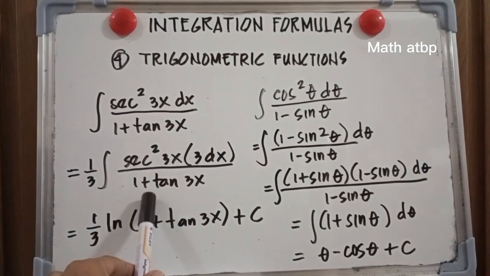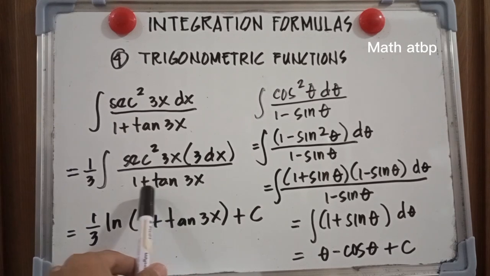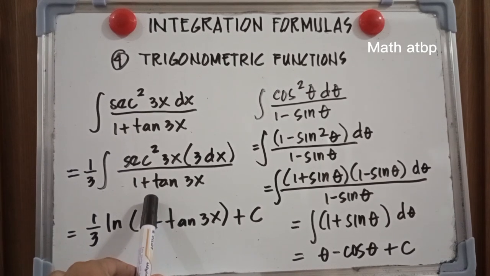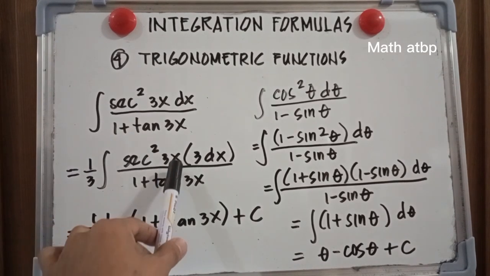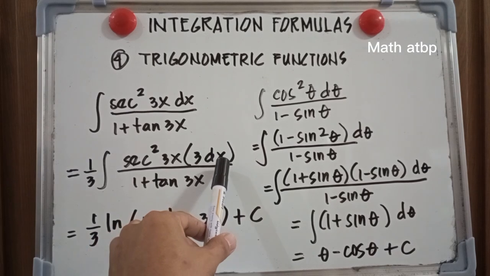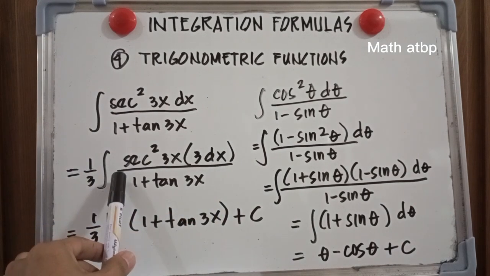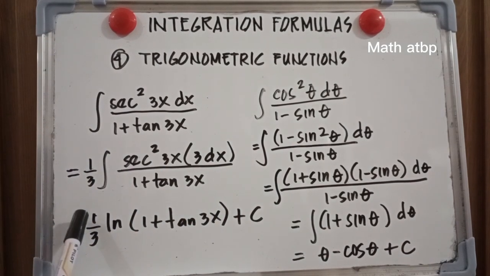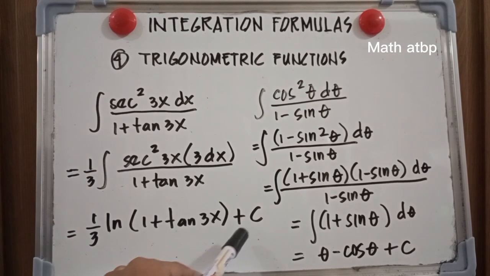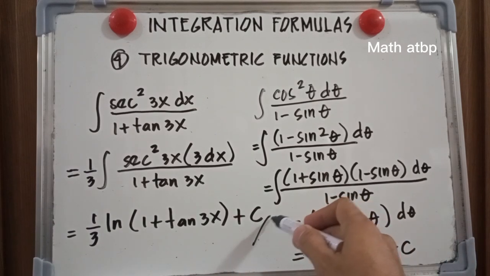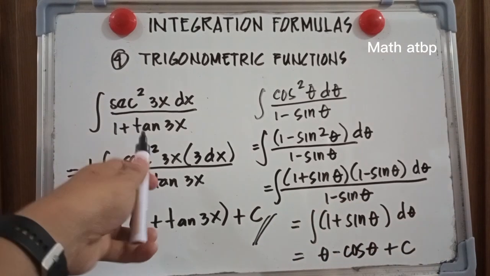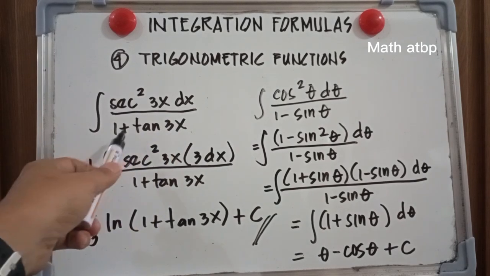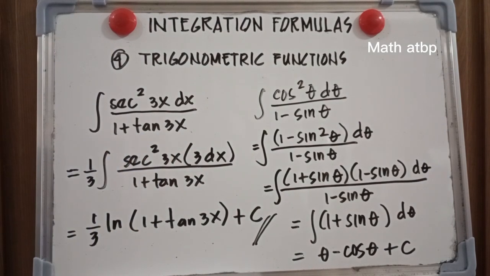Now we have 1 plus tangent 3x as our u, and the du of this is secant squared of 3x times 3 dx. Therefore, we may use the ln rule. This is now equal to 1/3 of ln of the quantity 1 plus tangent 3x plus c. That is the integral of secant squared 3x dx divided by 1 plus tangent of 3x.